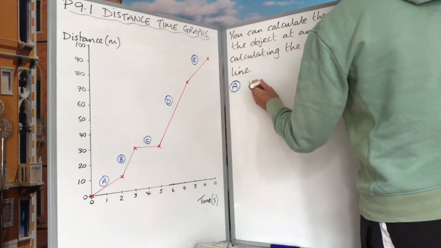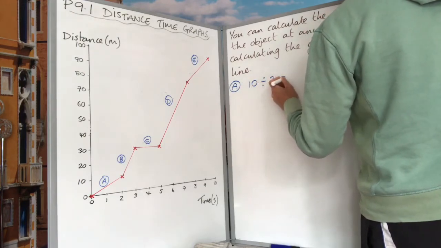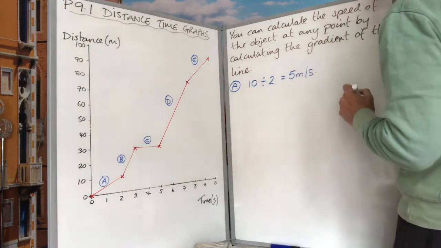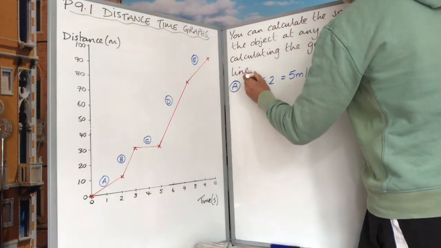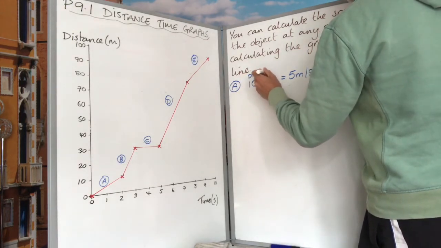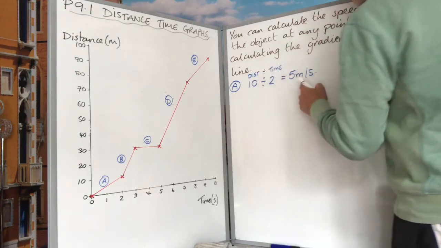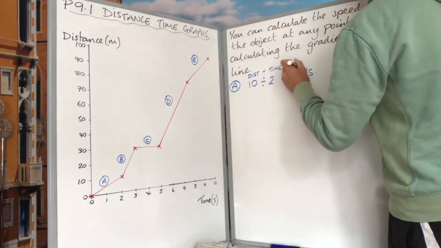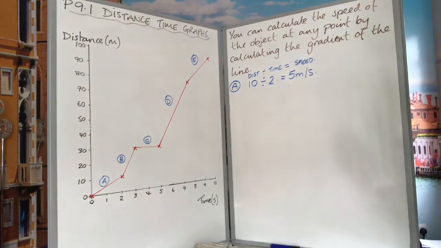So 10 divided by 2 equals 5 meters per second. So we take the distance and we divide it by the time. And it gives us the speed. And you can do that for any of those stages.